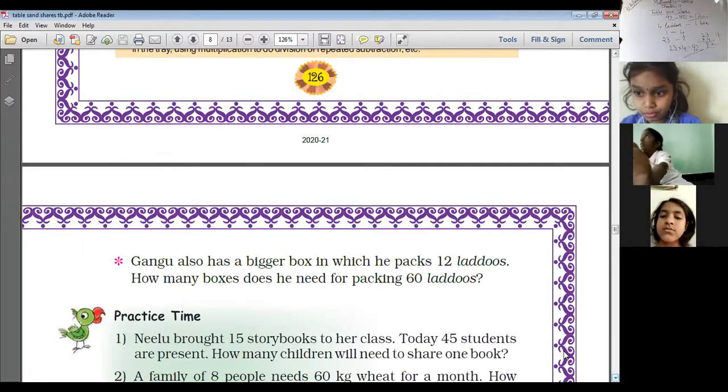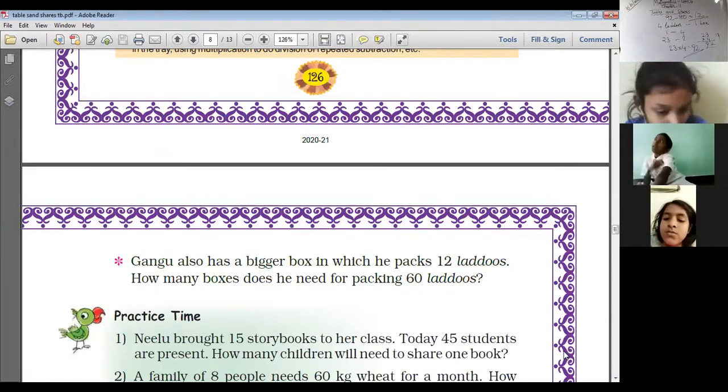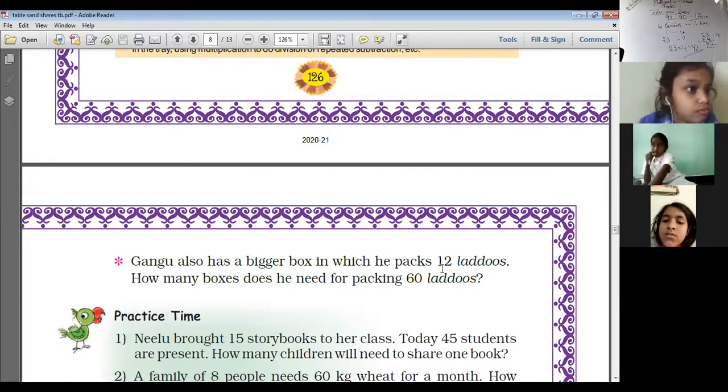Gangu also has a bigger box in which he packs 12 laddus. How many boxes does he need for packing 60 laddus? So he has another box in which he can pack 12 laddus. So how many boxes are needed to pack 60 laddus?